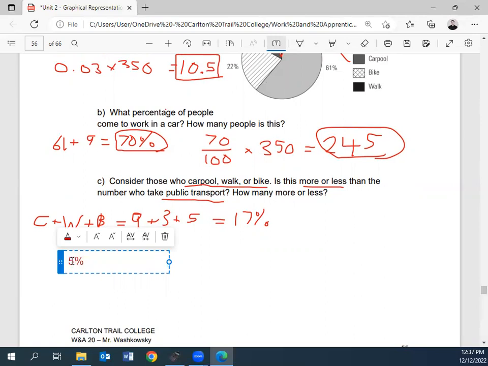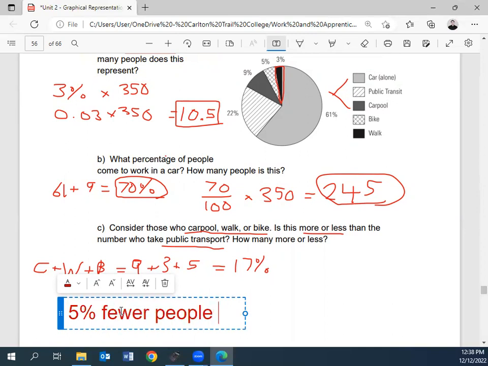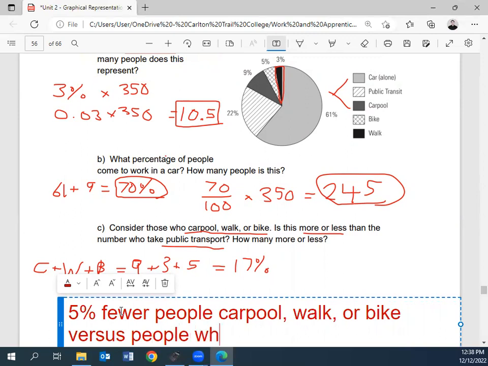Do we get where I got 5% from? So 5% fewer people carpool, walk, or bike versus people who take public transport.